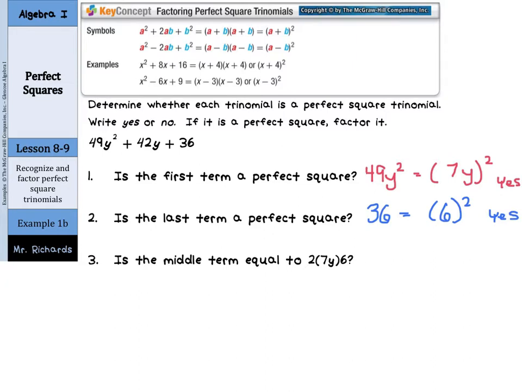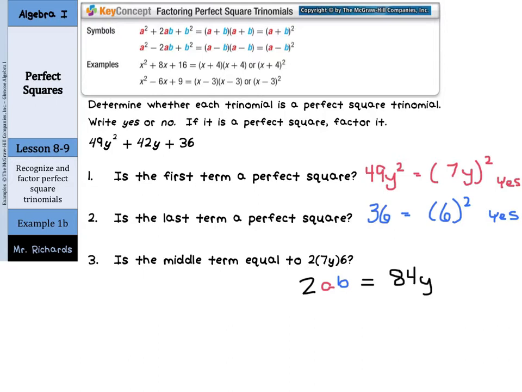And now, again, for the middle term, we're looking to see if this is going to be equal to 2 times a times b. And our a is the 7y, and the b is the 6. Well, if we multiplied those together, 7 times 6 is 42, times 2 is 84, times that y.